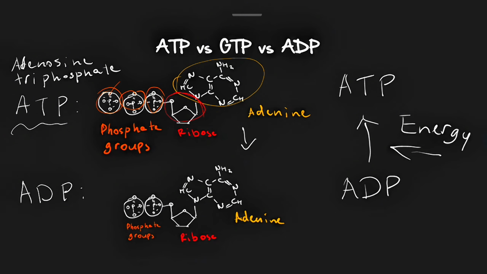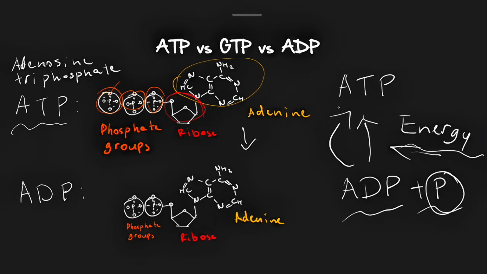So we need a phosphate group, we need ADP, and we need a lot of energy. By doing that, we get back to ATP. So the organism can store ATP for further expenses, to use it in the future. And during this process of regeneration, a water molecule is released. So we lose a water molecule.